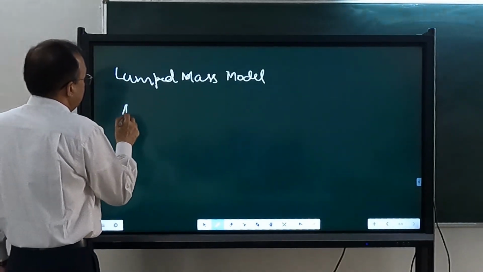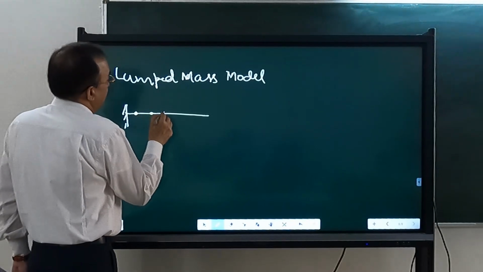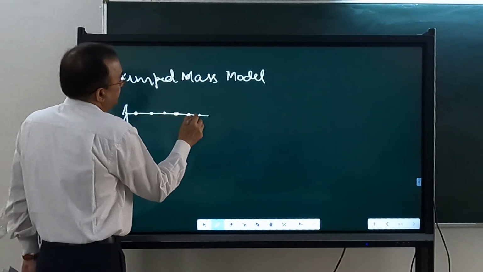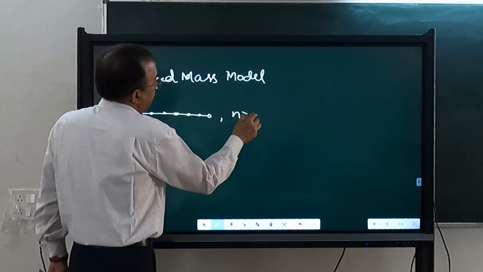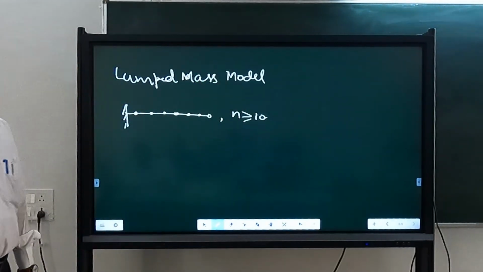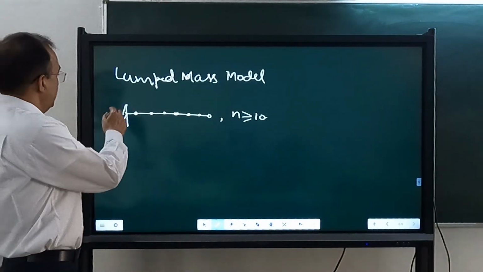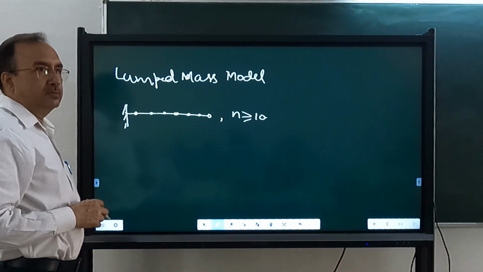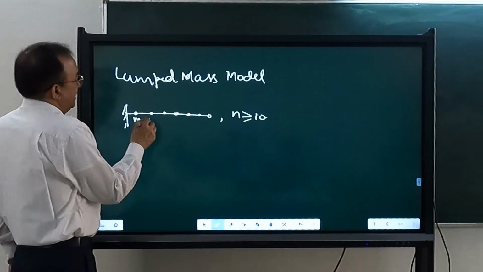So in the lumped mass model, this chimney mass we will lump at certain points, and a minimum of 10 points should be there. Let us say all these masses are lumped at uniform distance.